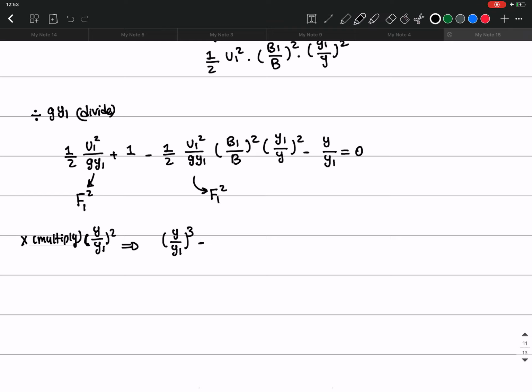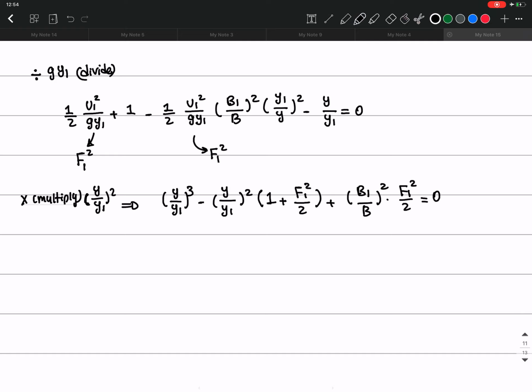Then I have minus, and just rearrange the terms, so you are going to get y over y1 squared, which is this term, plus this term, Froude 1 squared over 2, plus this term, which is going to be b1 over b squared, and this term is going to become 1, times Froude number 1 squared over 2 equals to 0. Okay.